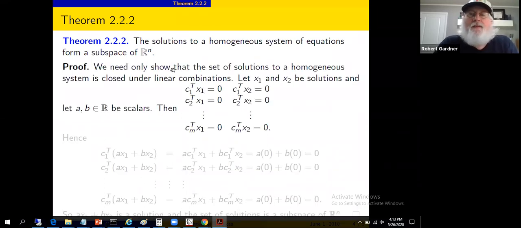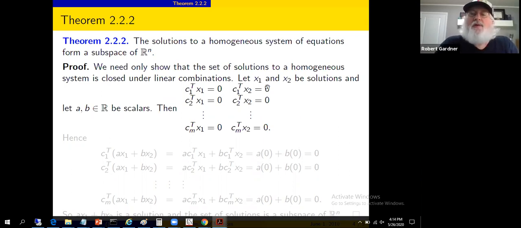All right. We need to only show that we got a subspace, that solutions to a homogeneous system is closed under linear combinations. What was a subspace of Rn? It was a collection of vectors closed under linear combinations, or closed under scalar multiplication and vector addition, closed under the things that you do to vectors.